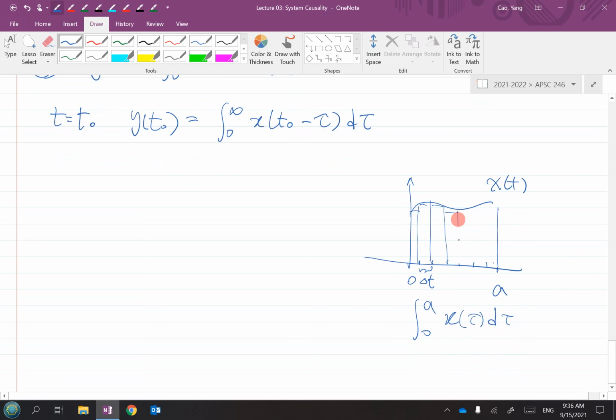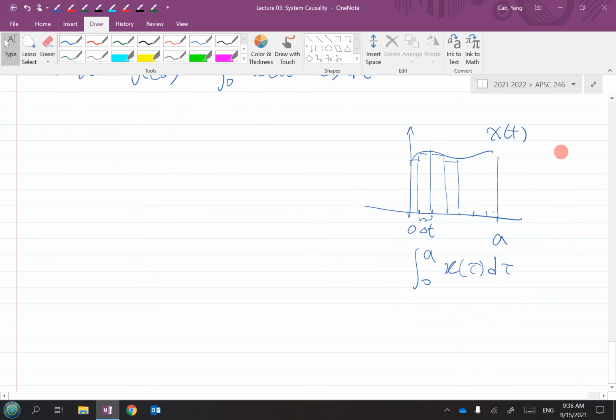There are two different ways to create the rectangular boxes. The area underneath the curve x of t is approximately the height here times the bottom length.